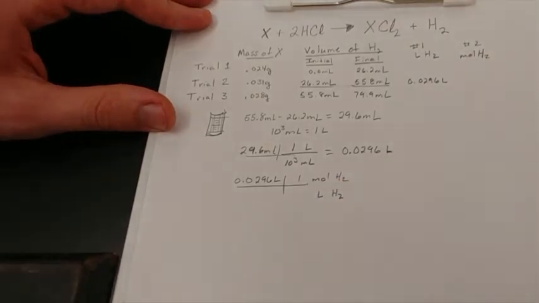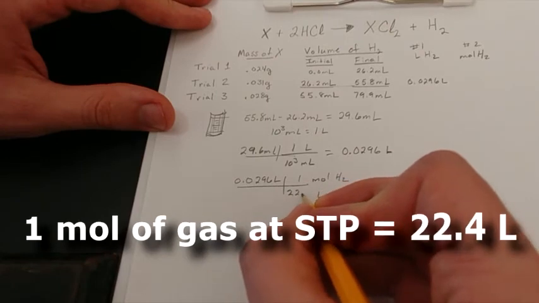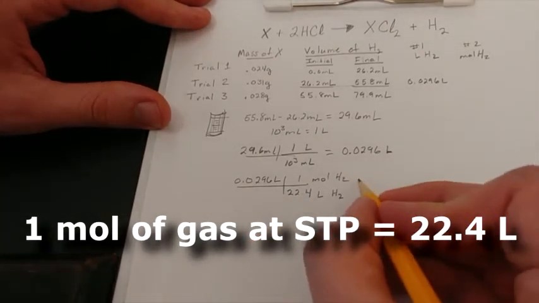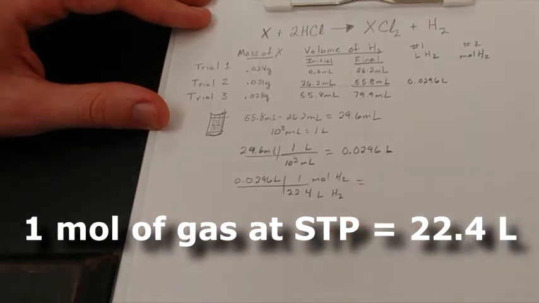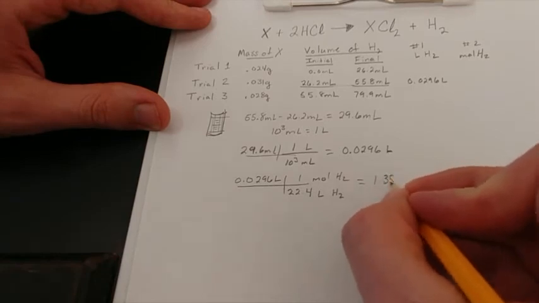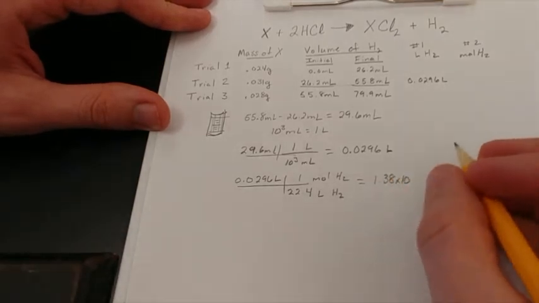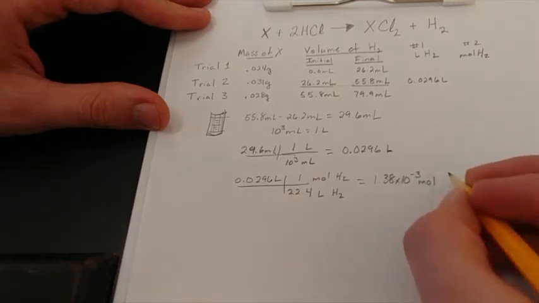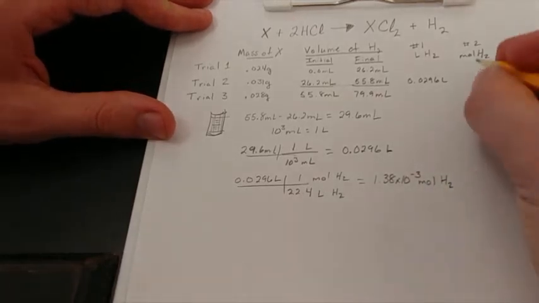And we know that there are 22.4 liters in 1 mole. So we end up dividing, and the number I get for there is 1.38 times 10 to the negative third moles of H2.